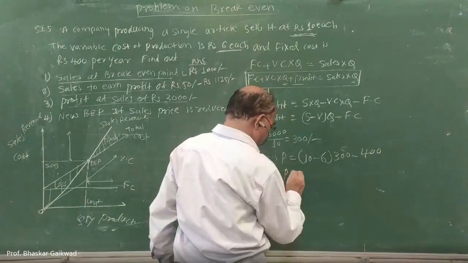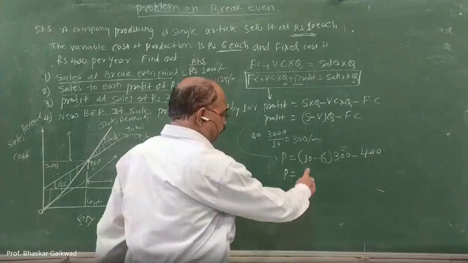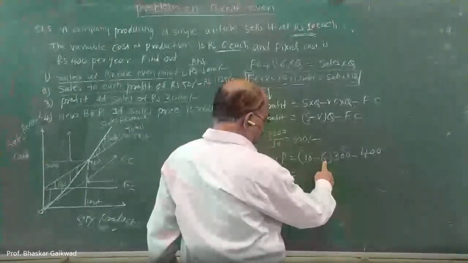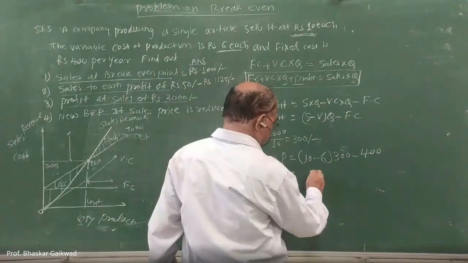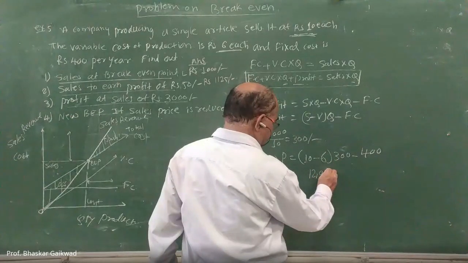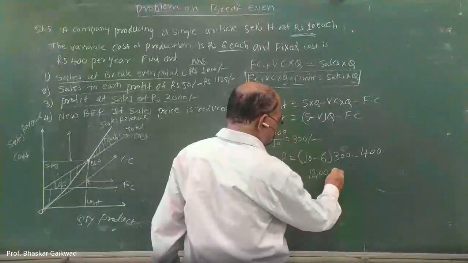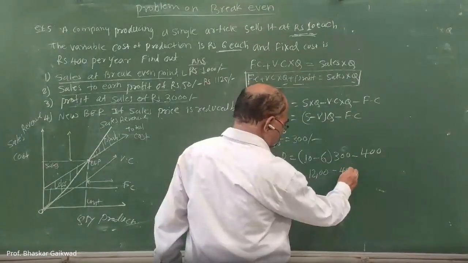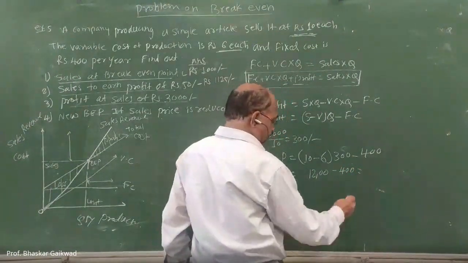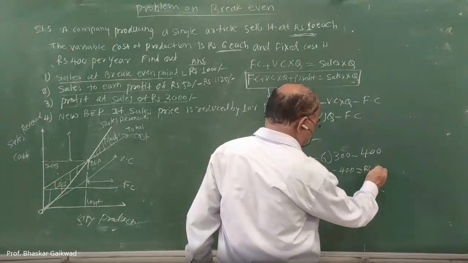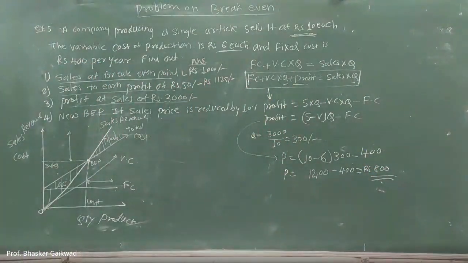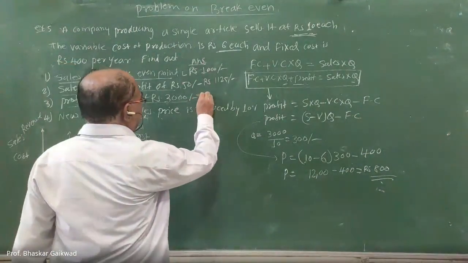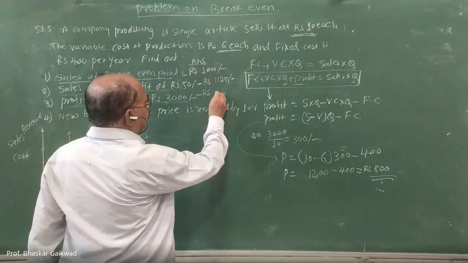Now what is the profit? 10 minus 6 is 4, so 4 into 300 is 1,200, minus 400. So the profit is rupees 800. This is your answer. So I will write here: answer, rupees 800.